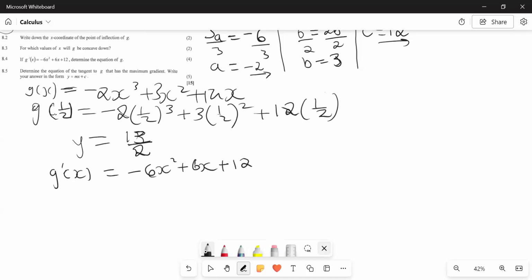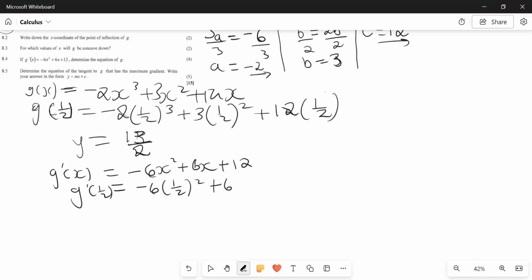Now we must substitute 1/2: -6 times (1/2) squared plus 6 times 1/2 plus 12. Let's punch this on our calculator.